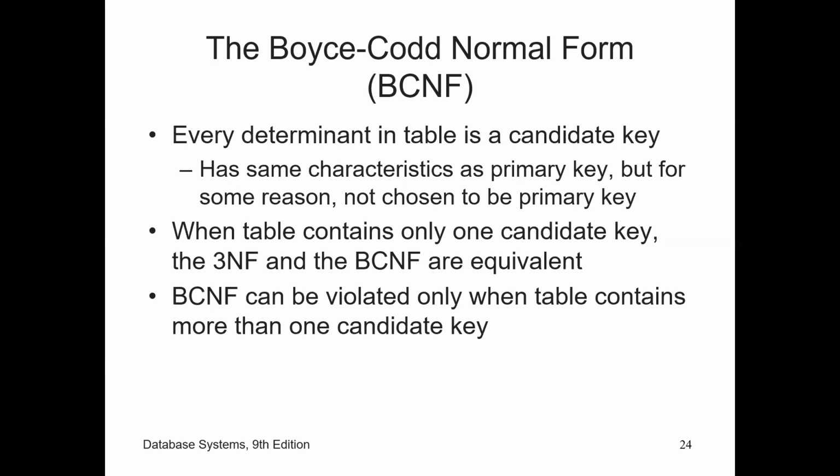Now, a candidate key has the same characteristics as a primary key, but for some reason is not chosen to be the primary key. When a table contains only one candidate key, the third normal form and the Boyce-Codd normal form are equivalent. The Boyce-Codd normal form can be violated only when a table contains more than one candidate key.